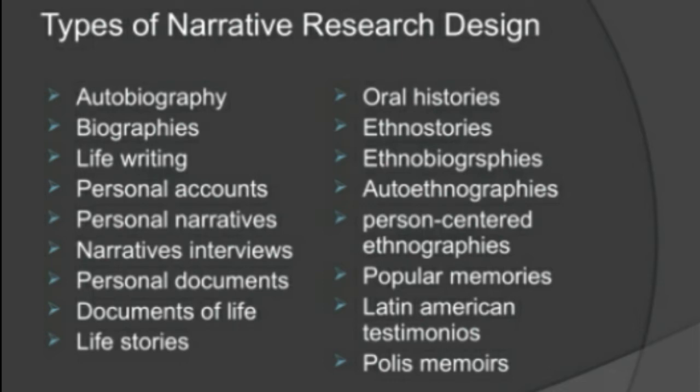Then life writing, personal accounts, personal narrative, life stories. And life story is a narrative story of the entire life experiences of a person. You can see the other types of narrative research design through the PowerPoint slide. So we move on to the next slide.